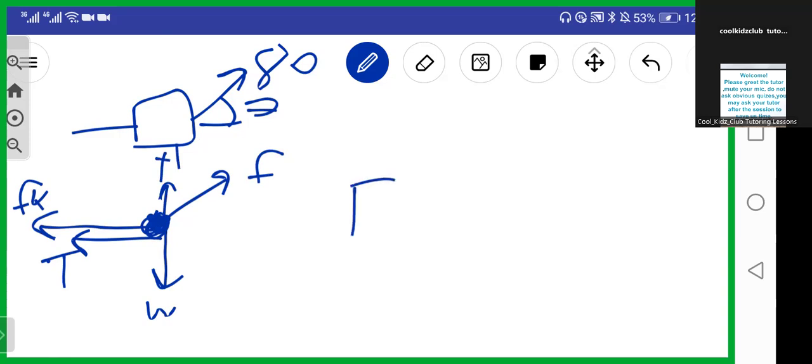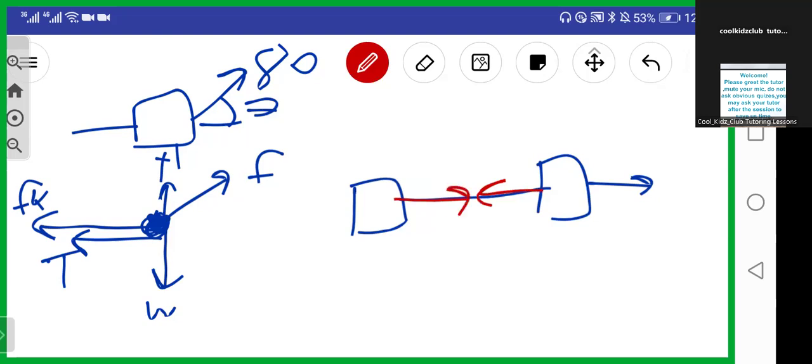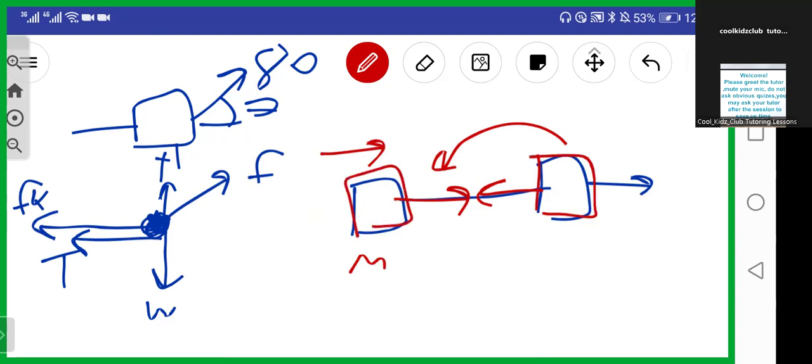Think about this. You have a box and a box, they're going in that direction, and then there is a force, and then suddenly you see tension going in that way and another tension going in that way. Yes, because this box is applying a force on that tension so that this object goes in that direction. And at the same time, because of the mass of that object, this object is having some trouble.